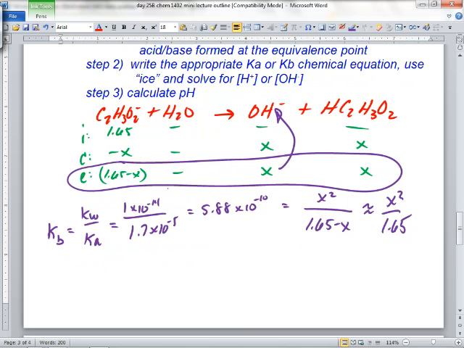So we can get our x. Yeah, somewhere around 3.1 times 10 negative 5.